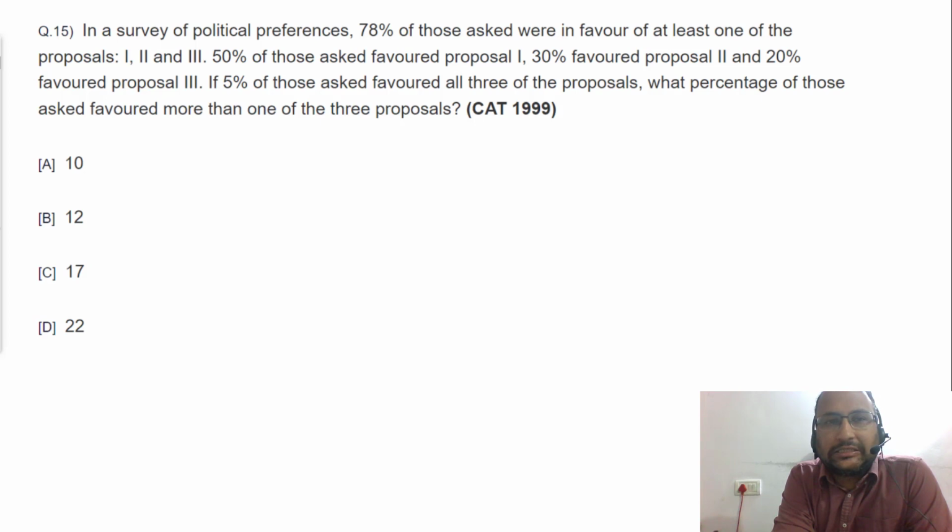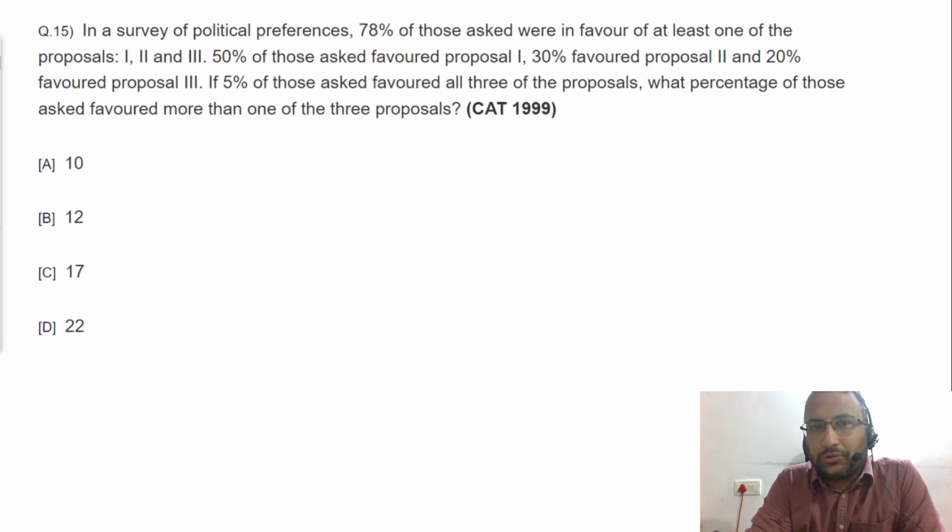In a survey of political preferences, 78% of those asked were in favor of at least one of the proposals, proposal 1, proposal 2 and proposal 3. 50% of those asked favored proposal 1, 30% favored proposal 2, 20% favored proposal 3, 5% favored all three proposals. What percentage of those asked favored more than one of the three proposals?